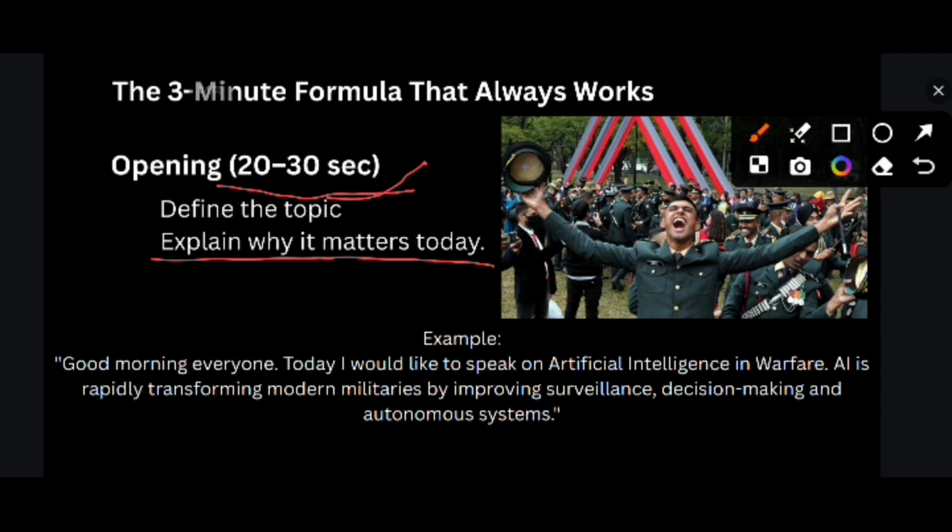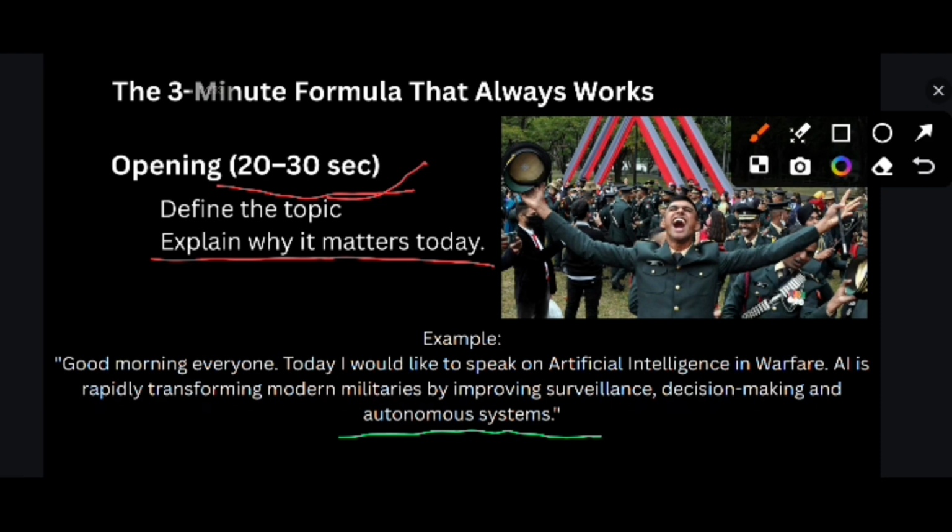Today, I would like to speak on artificial intelligence in warfare, and then define your topic. Artificial intelligence is rapidly transforming the modern military by improving surveillance, decision making, and autonomous systems. This is the perfect opening of a lecture in SSB.